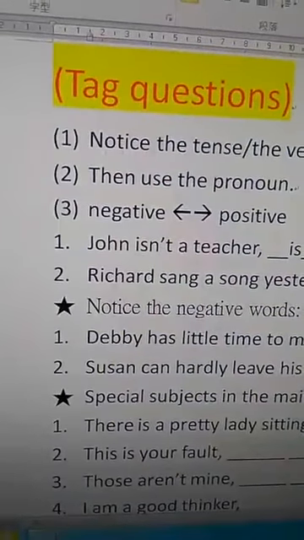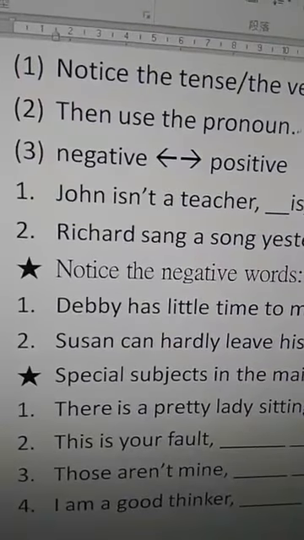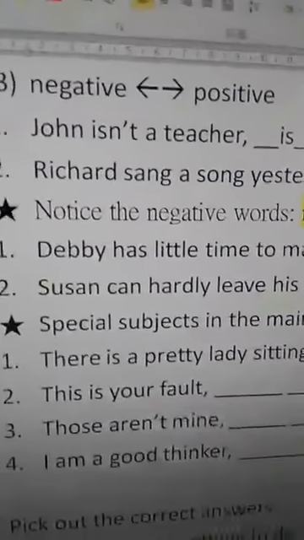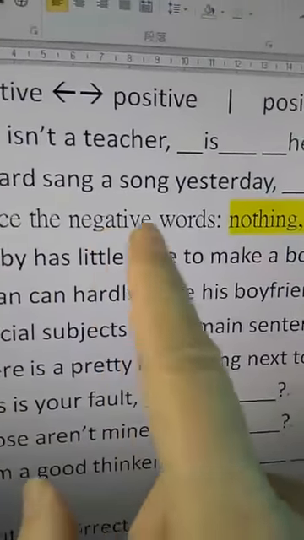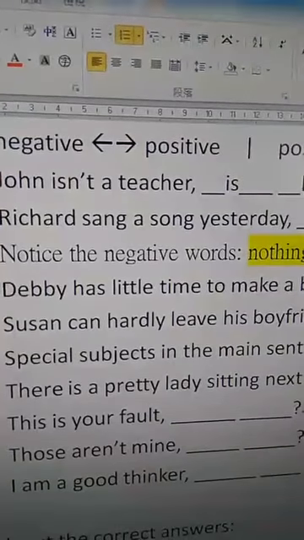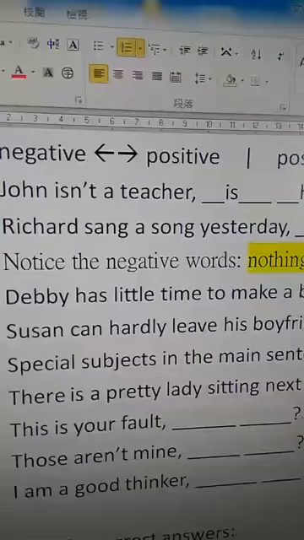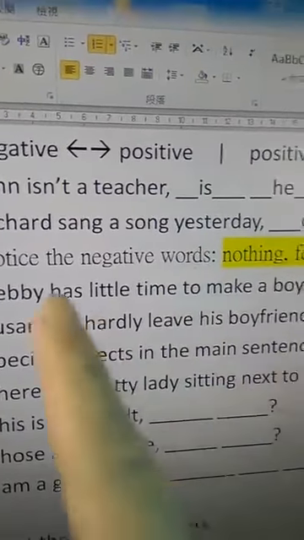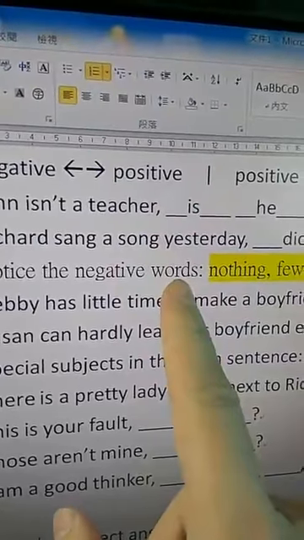Sometimes there are some important rules about tag questions, so I'll mention that for you. So let's see the stars here. Notice the negative words, because in your main sentence, sometimes you see no, sometimes you see not, but you have to pay attention to some negative words we are not familiar with.